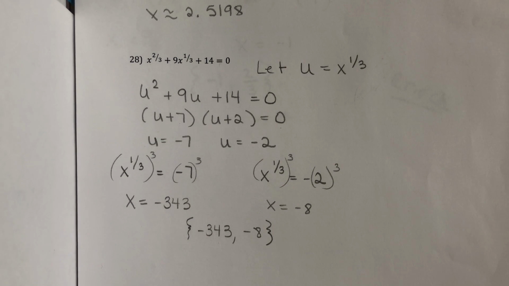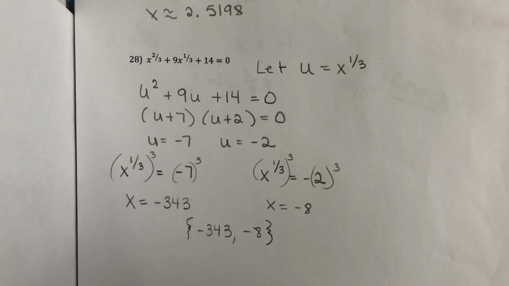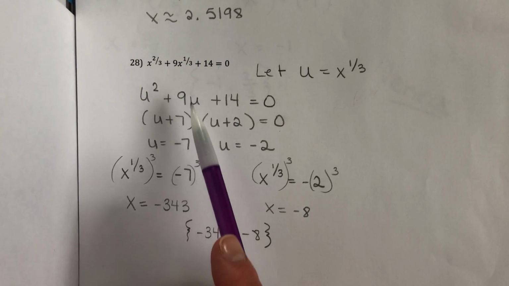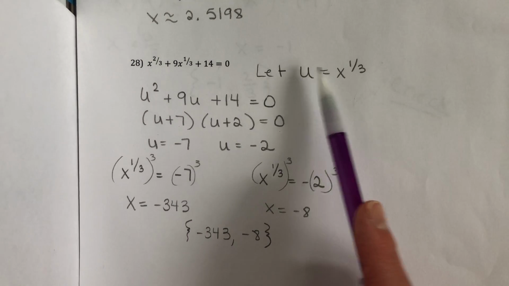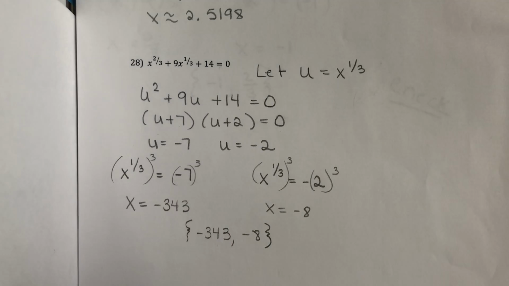When we do what we call a U substitution, the letter U is arbitrary, you could use whatever letter you'd like, but you'll definitely hear the phrase U substitution in calc, so I want to go with that. Using a U substitution takes a hard problem and makes it look easier. So in this problem over here, if I let U be x to the power of 1/3, okay?